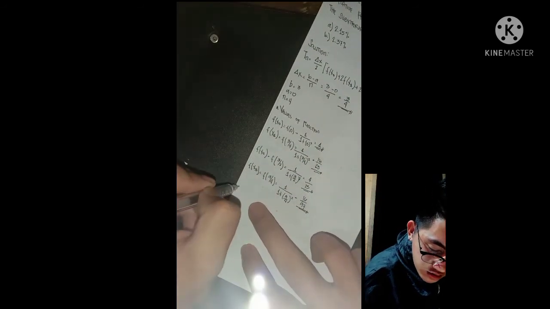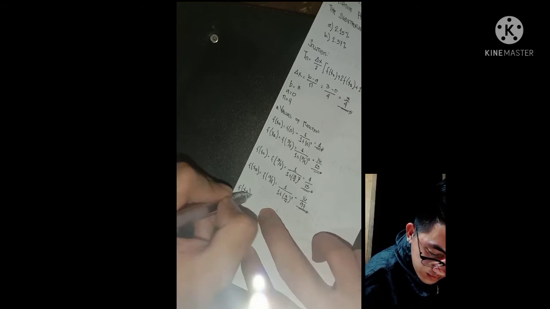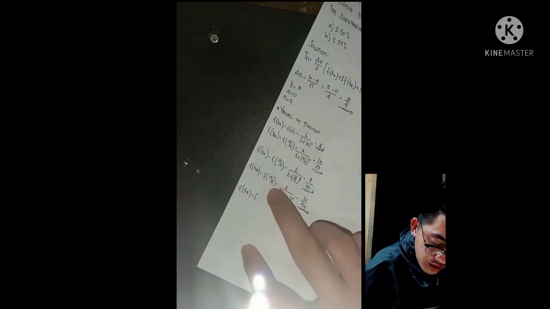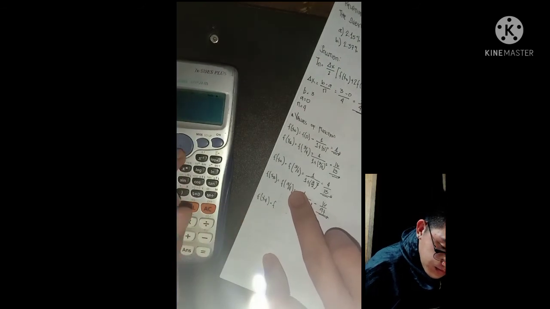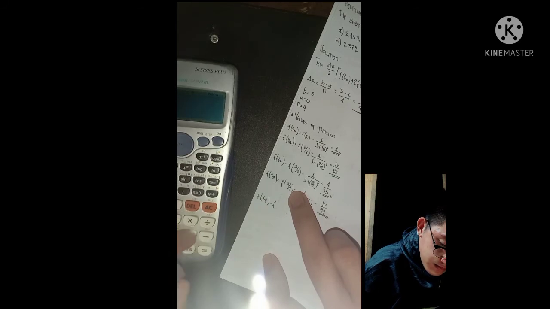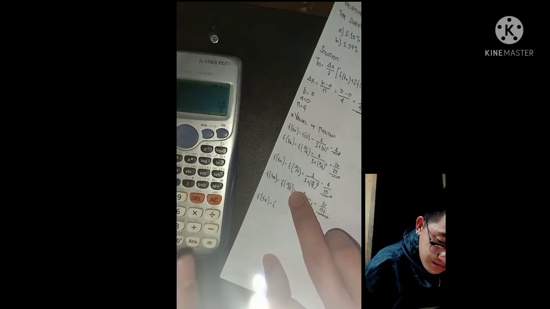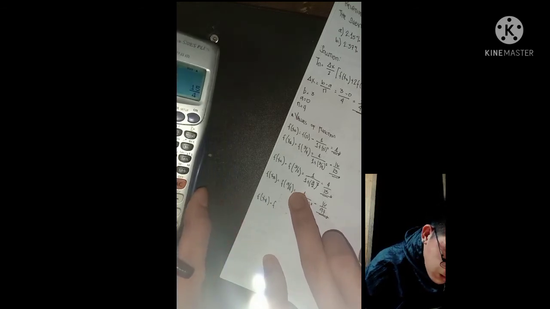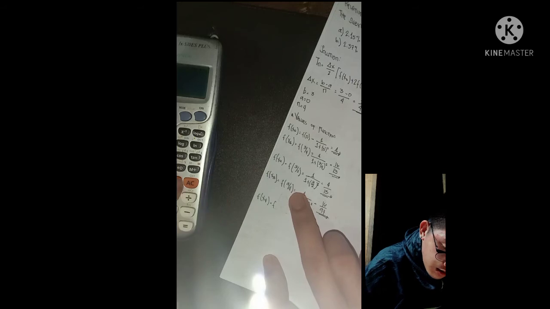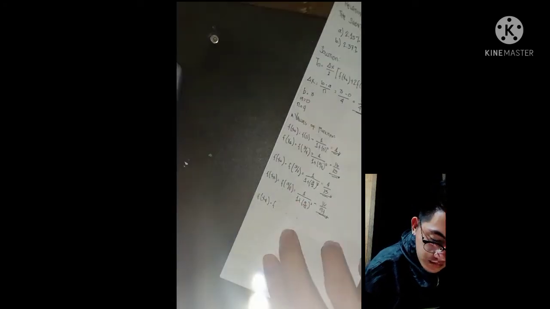Next, for the function of our x4, so 9 over 4 plus 3/2, which is 3/4, is equal to 3.